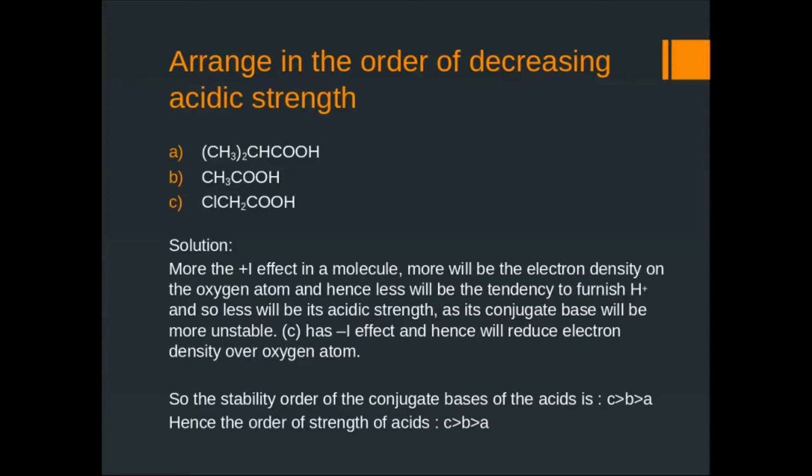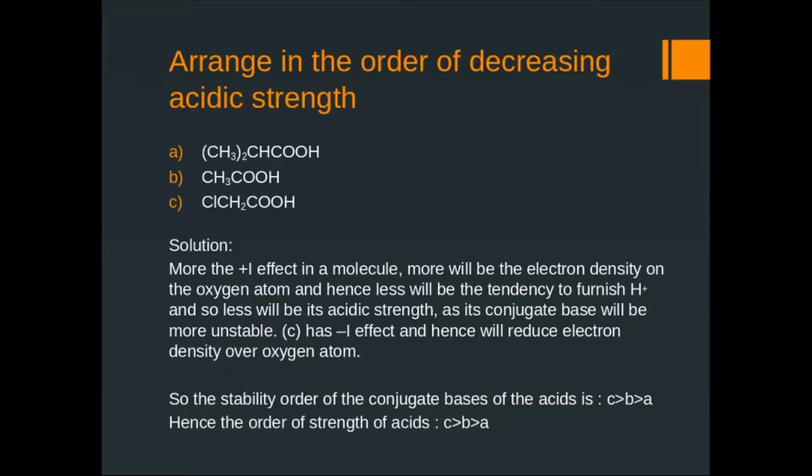To gain stability or neutrality, oxygen will try to hold the hydrogen bond, and so the chances of releasing hydrogen ions in the solution decrease. And so the acidic strength of acetic acid is less than chloroacetic acid.